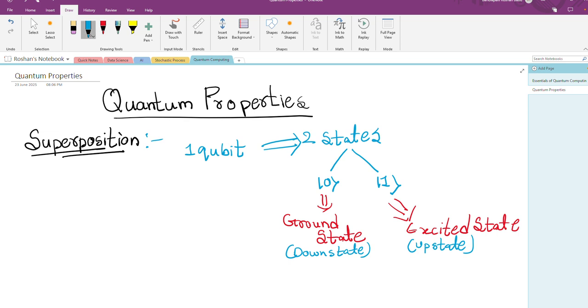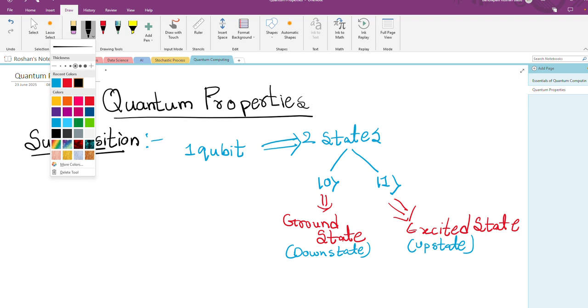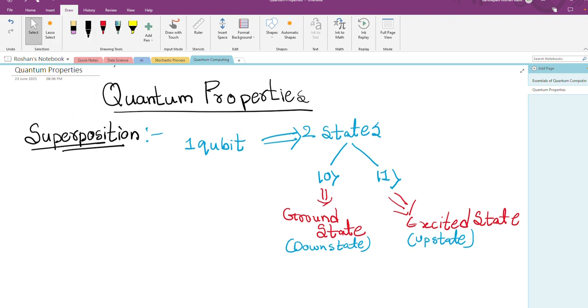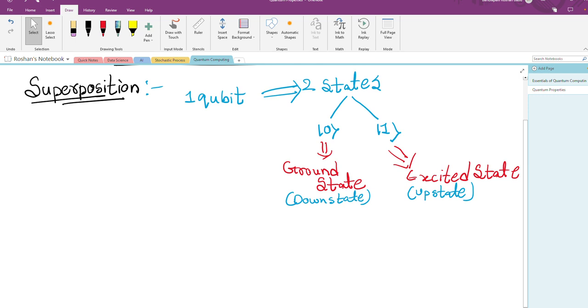And now we'll see how a qubit is represented. Usually qubits enable quantum computing that can solve problems much faster than classical computers by leveraging superposition and entanglement.